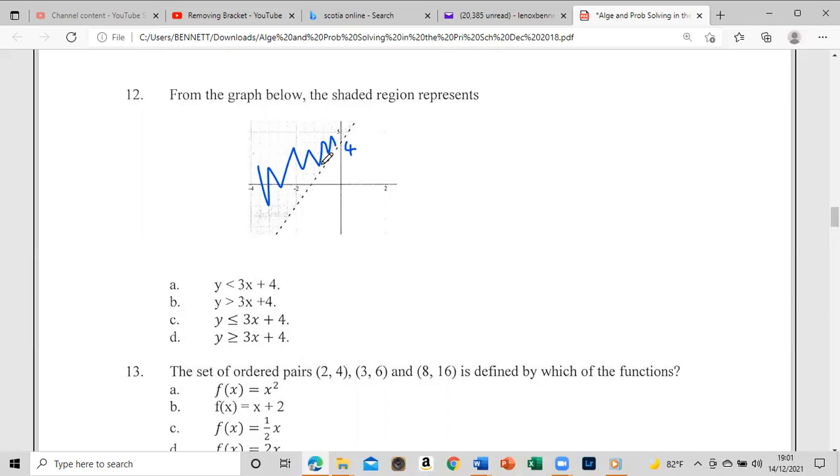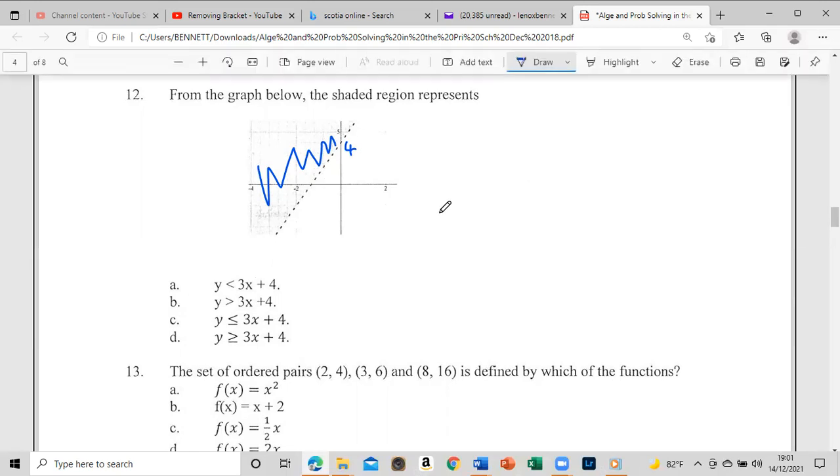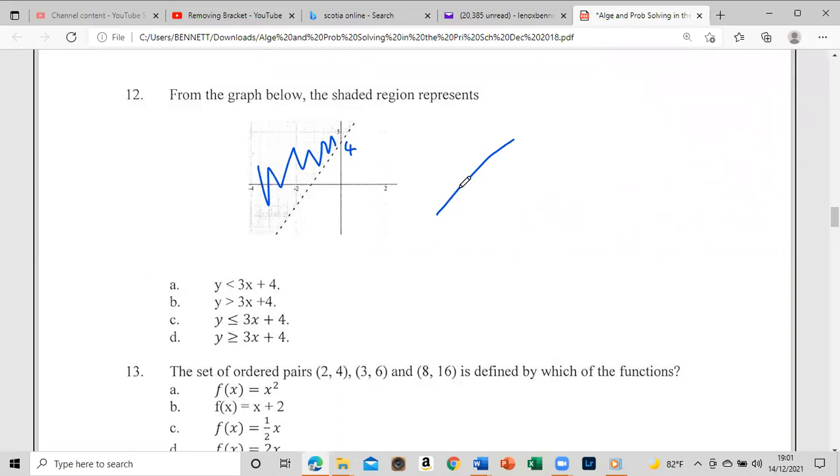I want to tell you about this. If the line goes like so, it is less than or equal to. If the line goes for less than, and if you see a space between, it is greater than or equal to.